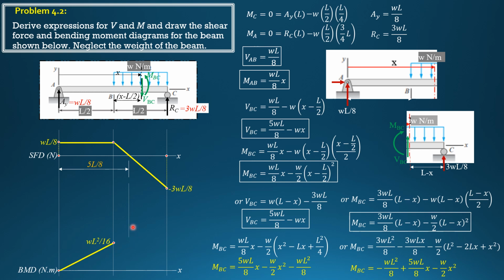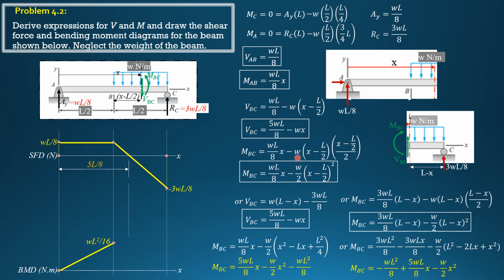Then here, in portion BC, moment BC, you set X in this equation to L over 2 first. So when X is L over 2, it will give us WL over 8 times L over 2, WL square over 16. Next, do not proceed to L yet. When X is 5/8 of L, when shear is 0, you'll get the maximum moment.